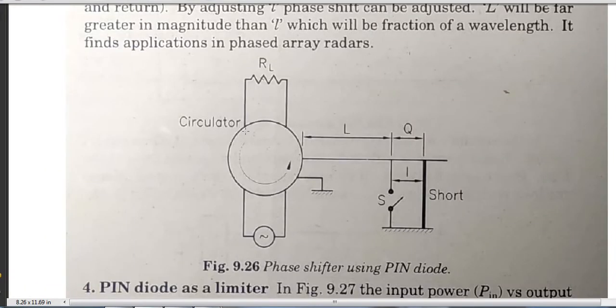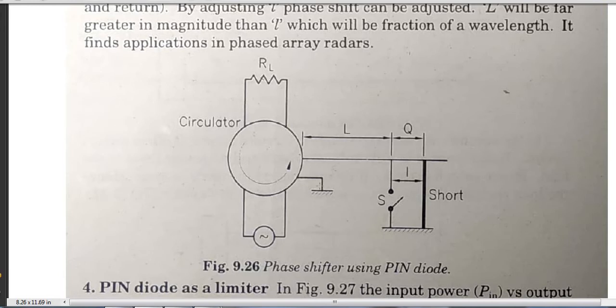Now the next application is the PIN diode as a phase shifter. Now we can see in this particular diagram the circular coupled phase shifter is shown here. Here this S represents a PIN diode switch.